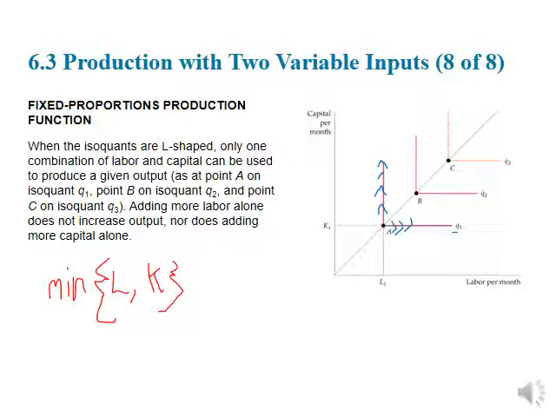We're still at Q1. But if we add a typist and a typewriter in a fixed proportion, we get up to Q2, and adding more gets us up to Q3. But suppose we're at point C, adding additional typewriters doesn't get us any additional typing.